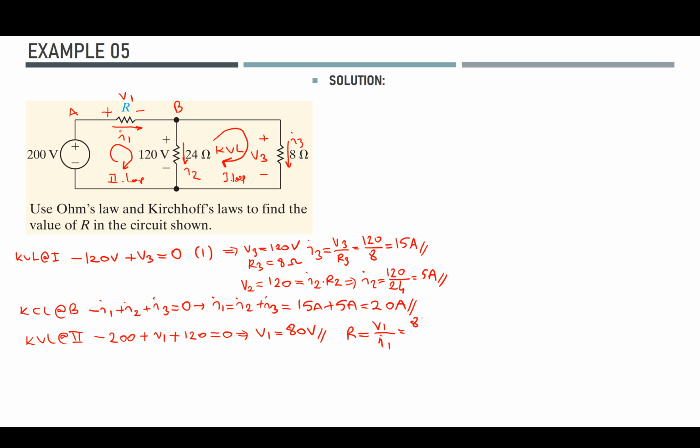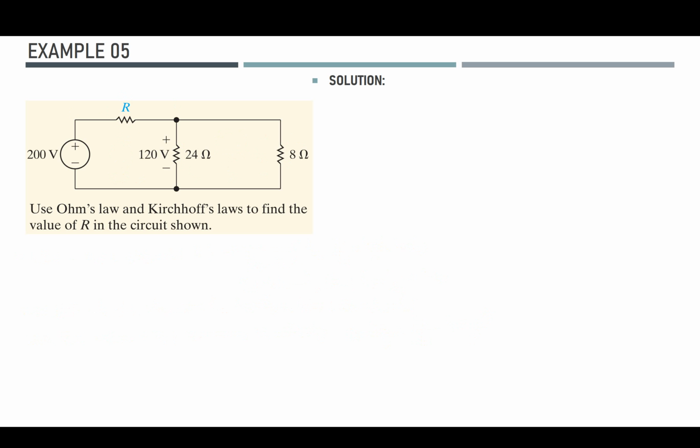So 80 volts over 20 amps would give me 4 ohms. So the unknown resistance is found as 4 ohms. Let us continue with the next slide.